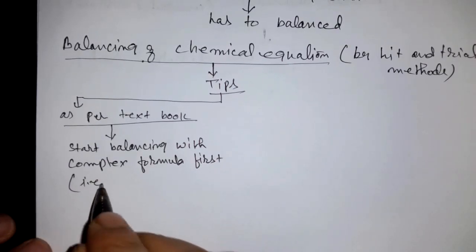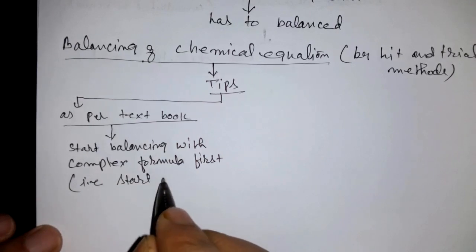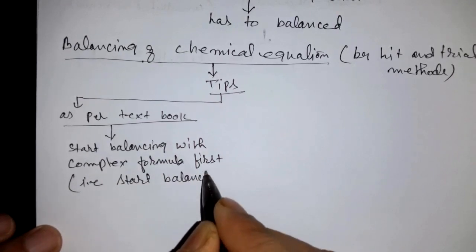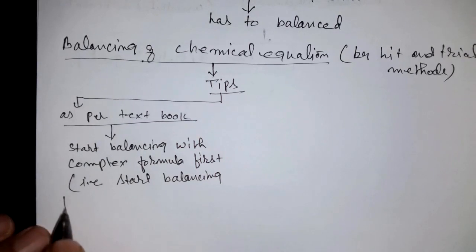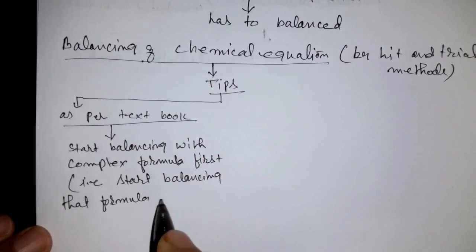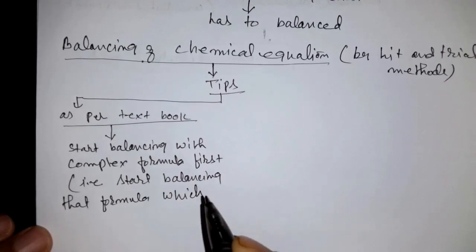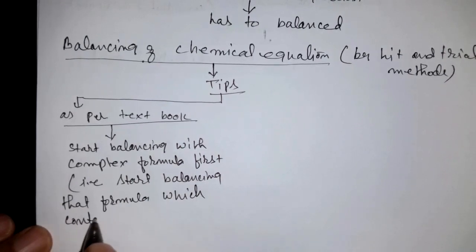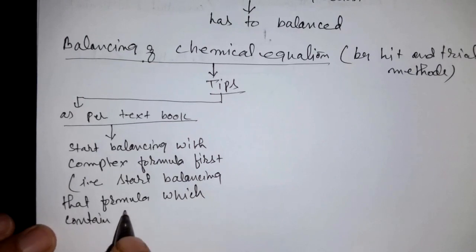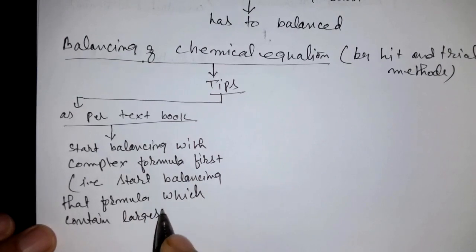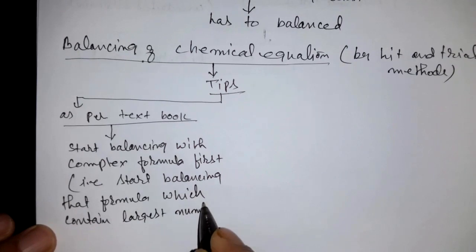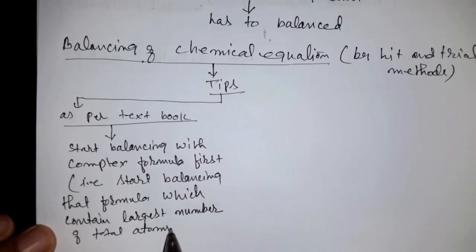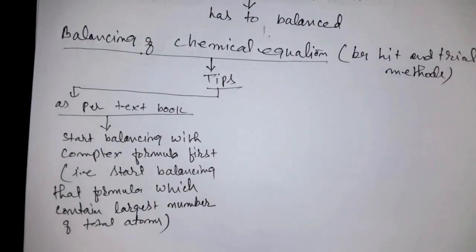That is, start balancing that formula which contains the largest number of total atoms. Okay, this is the textbook rule.